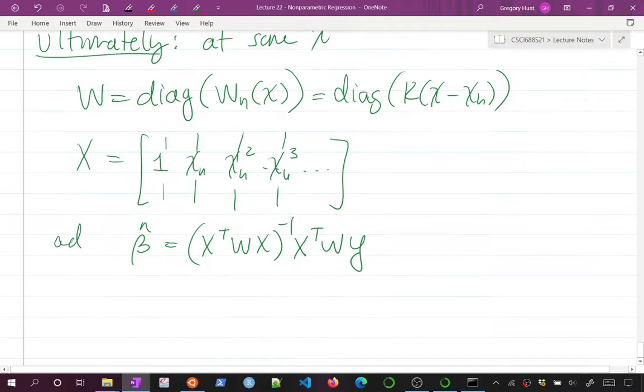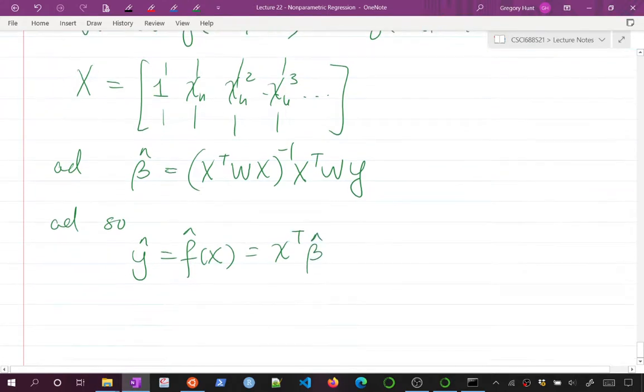But this is just some polynomial regression, and so y hat, which is, let's say, f hat of x, is just going to be X transpose beta hat. And because we can write this as an inner product, it is again some linear smoother.